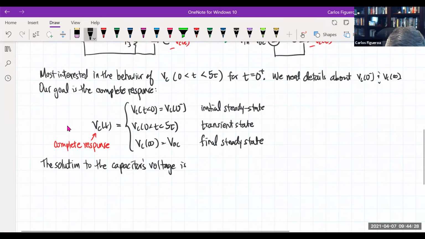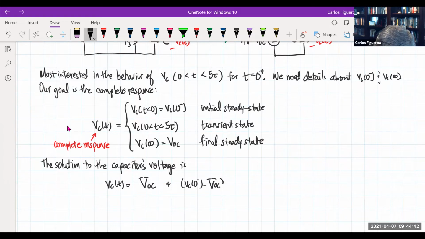We're going to get something that reads VC of t, and then I'm going to get VOC. Then I'm going to get a second term that reads VC of 0 minus VOC. And I'm going to get an exponential that reads e to the minus t over R Thevenin times C.